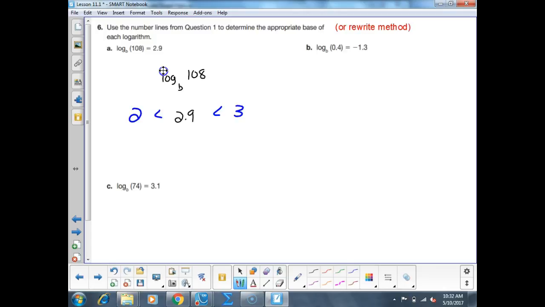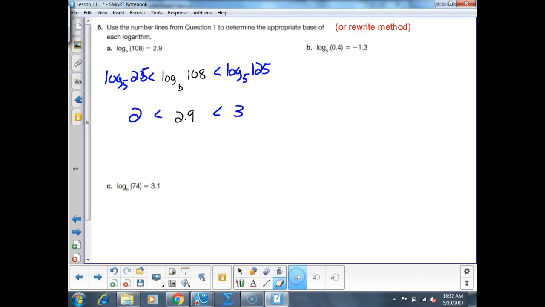So I need a log with some kind of a base that has an exponent of 3 bigger than 108. Okay? So for me, that says 5 to the third is 125, which means this would be log base 5 of 25 there.